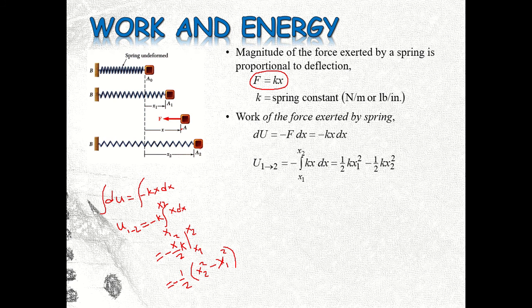So this is negative, so when you rearrange it, you have, take the positive, so 1/2. So negative times negative, that becomes positive, so write x1 first.